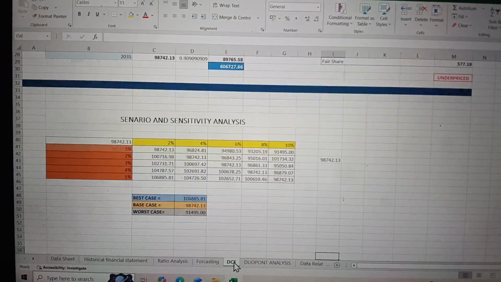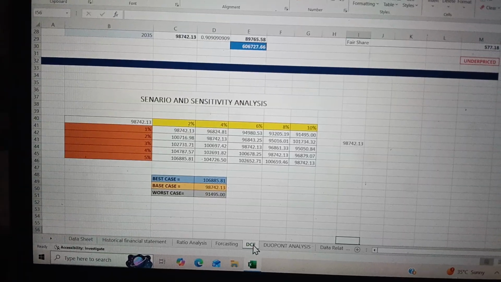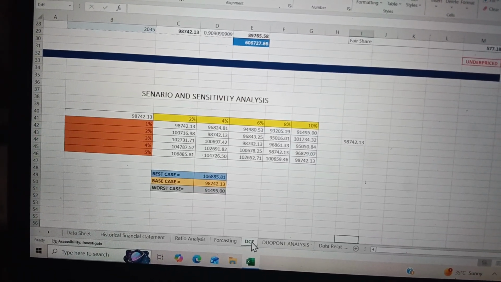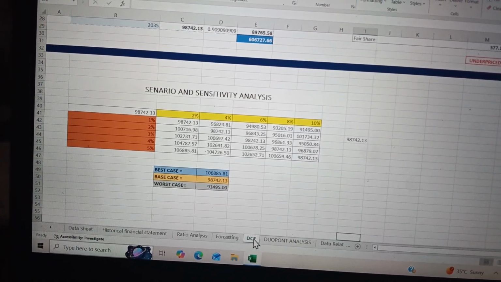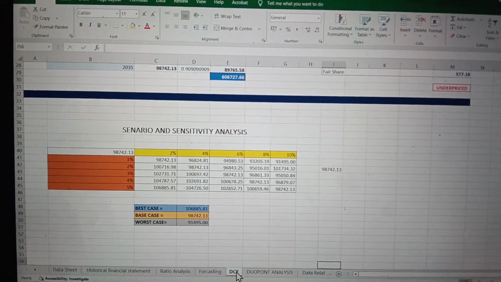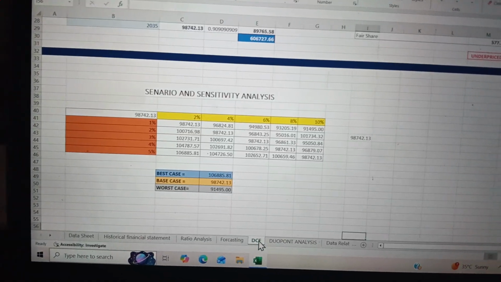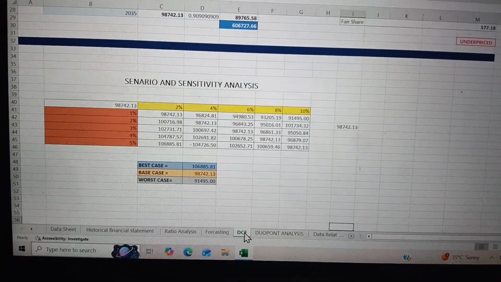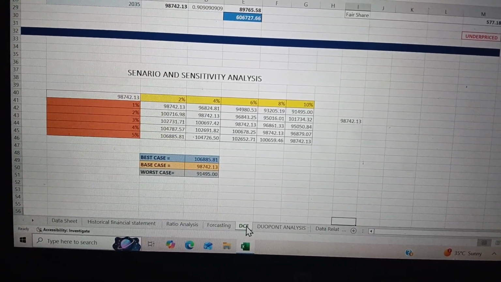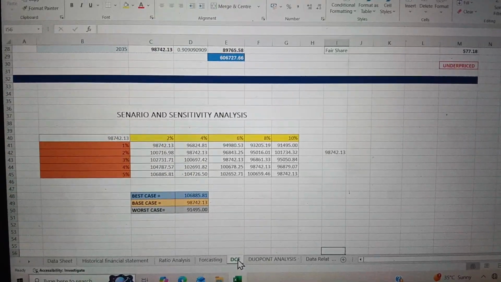We also perform the scenario and sensitivity analysis, so that we can see if the weighted average is 1% or 2%. We can calculate which percent is far better. We can see the best case is 106,885.81 and the worst case is 91495.